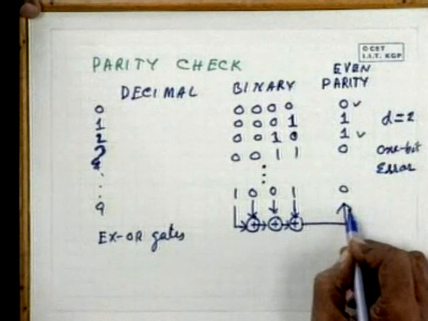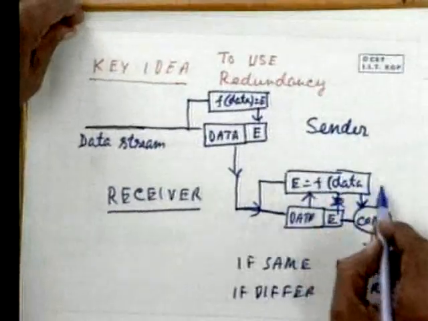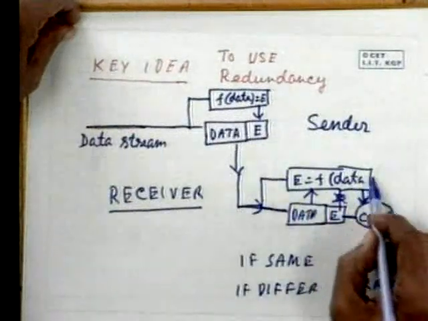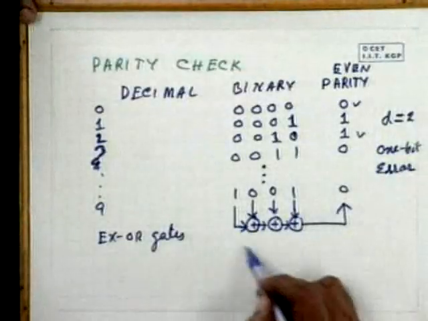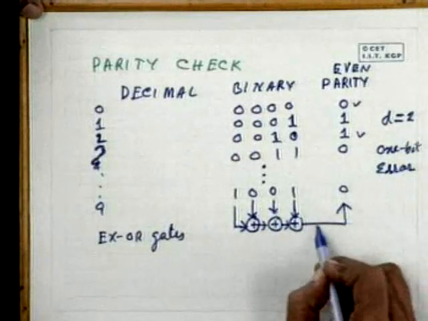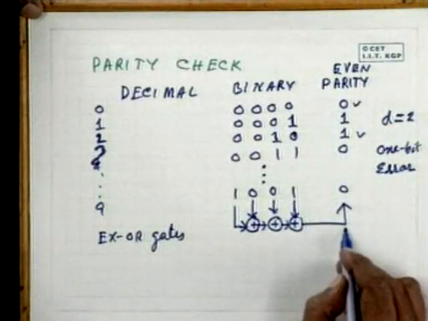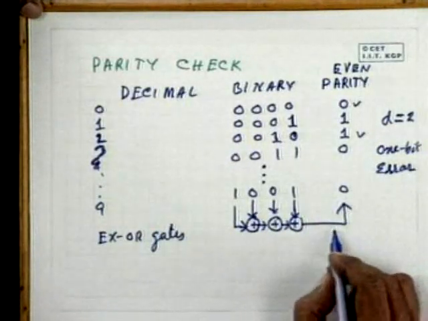Similarly, at the receiving end, this particular operation can be performed with the help of a similar circuit for detecting error, and this can be applied to a comparator and compared with the received parity bit to check whether there is error or no error.